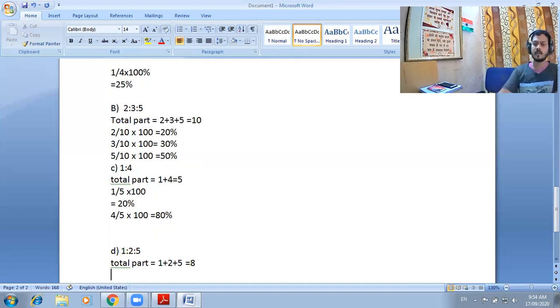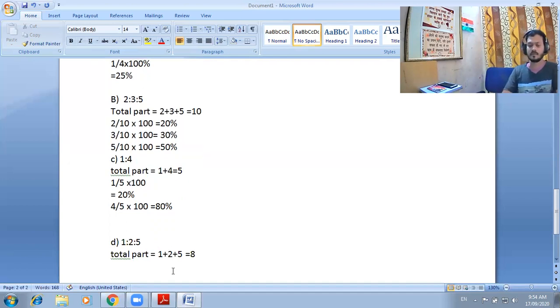And out of 8, percentage of 1 equal to 1 divided by 8 into 100 equal to 12.5 percentage. Reply me fast, is it correct or not? Yes, our answer is correct.